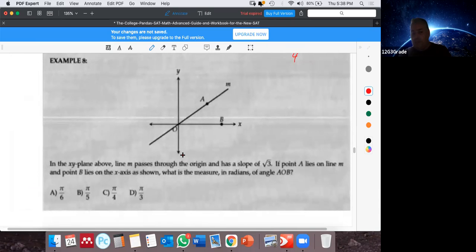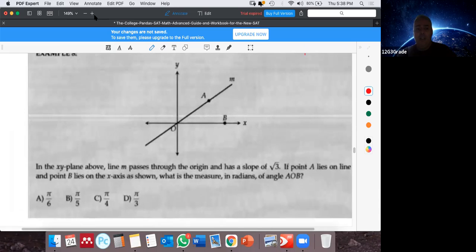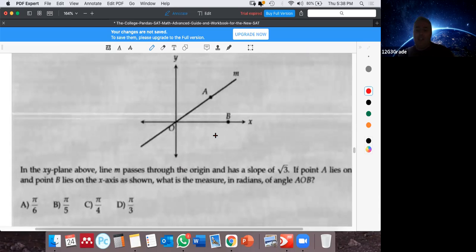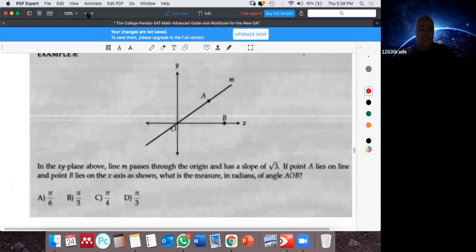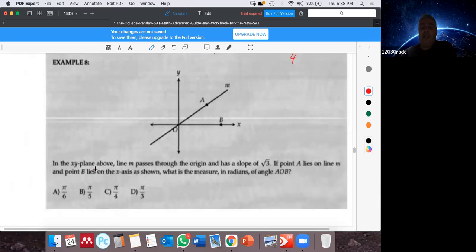Any question? No. Now, let's look at our question here. The question says that in the XY plane, line M passes through the origin. Very good. Origin means 0, 0. So on the line, I have the point 0, 0. Passes through origin means the line is passing through point 0, 0, or 0, 0 is on the line.